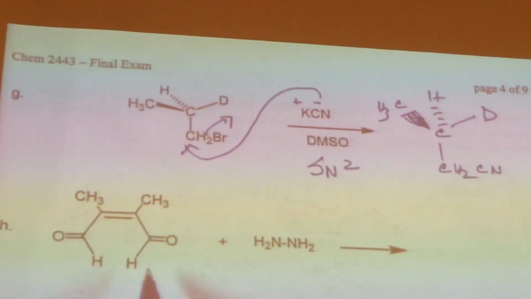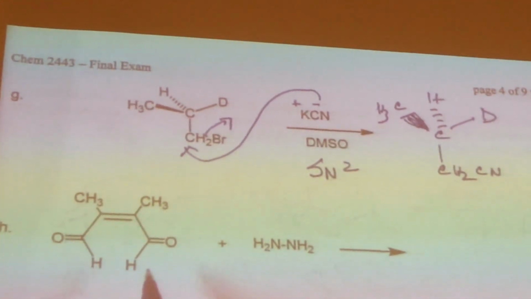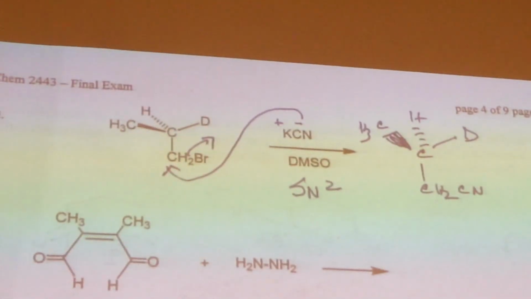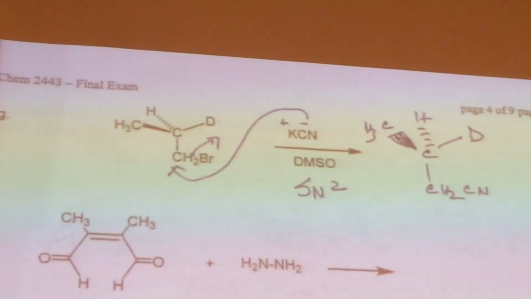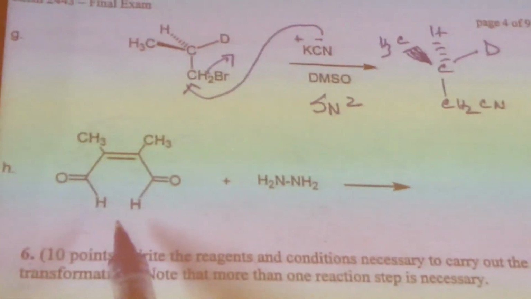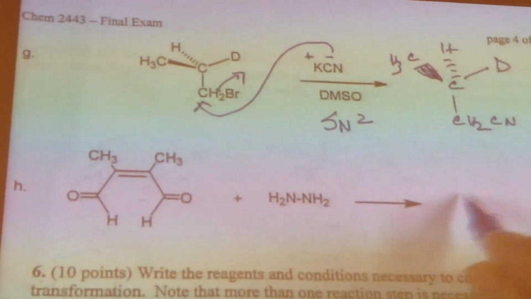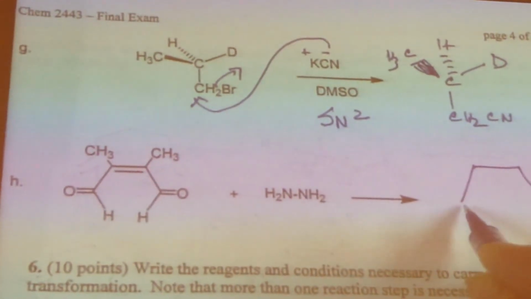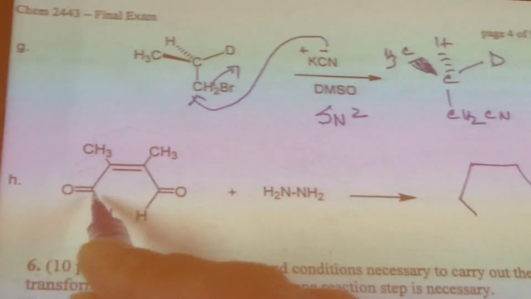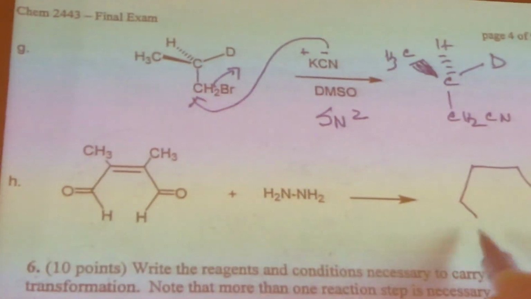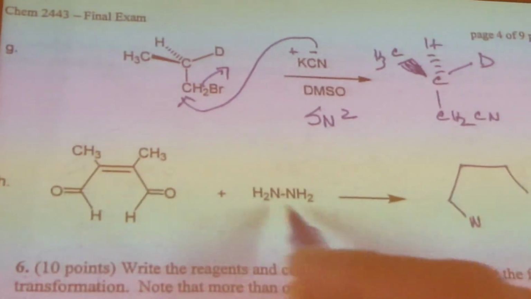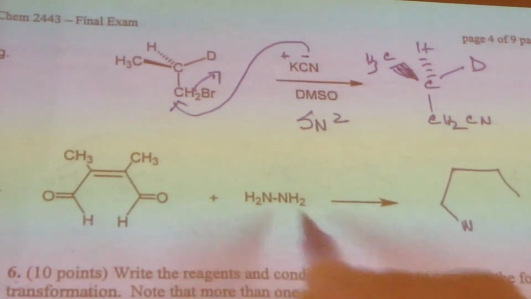The next one is one of the problems from the test, from chapter 17, and it essentially shows the imine formation with 2 carbonyl groups rather than 1. So everything else remains the same. The nitrogen adds on to the carbonyl, and then the other nitrogen.